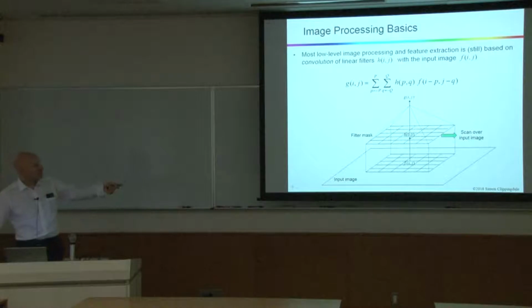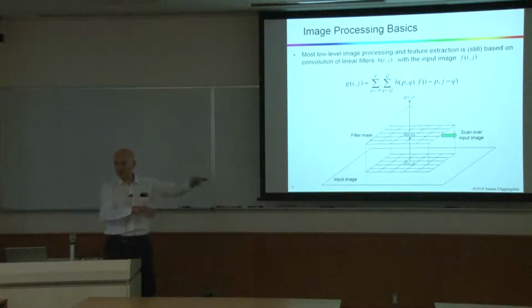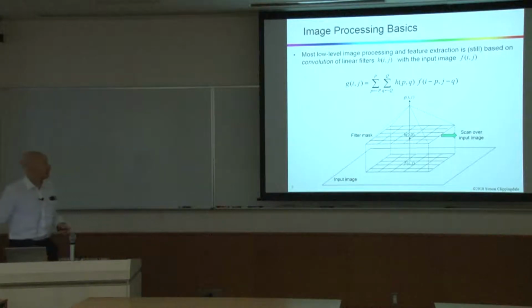To compute that, we line up the filter mask here and the input image here, compute pairwise products between the pixel values and the mask values like this, add them all up, and there's your output. Then shift the whole mask across one pixel, repeat. Again, shift it, repeat, keep doing that, and you generate another image, effectively g of ij, as the mask slides across the image.